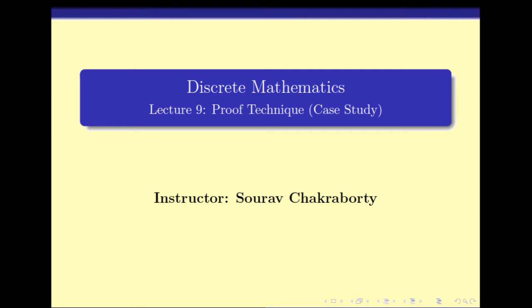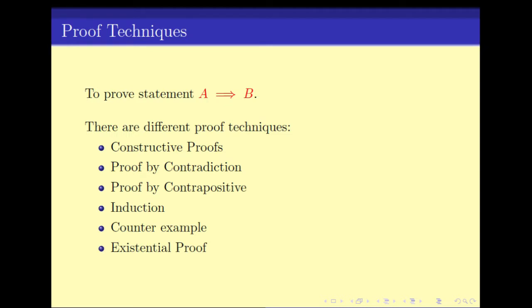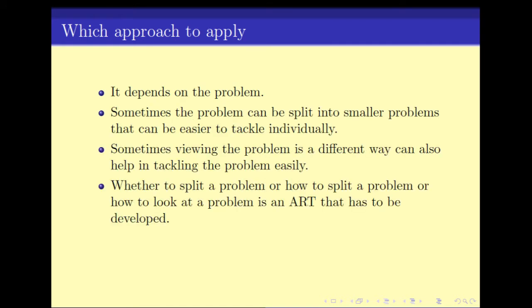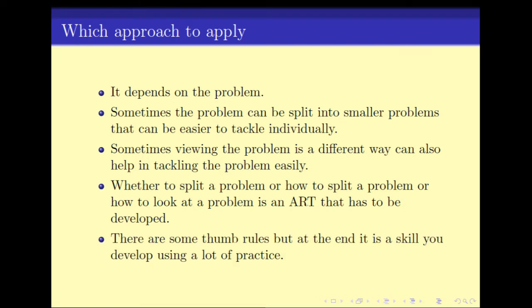So to recap what we have done so far, we saw that to prove a statement like A implies B, there can be various techniques, and for some problems, some of the techniques can be useful. One of the most important things is to understand which technique to apply, and we have discussed earlier that which technique to apply depends fully on the problem.